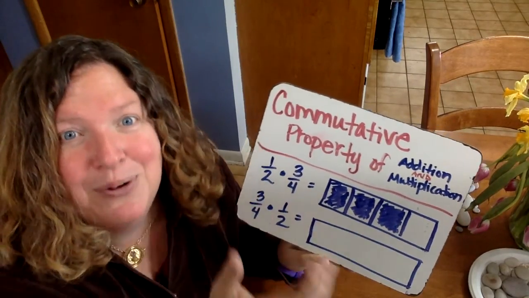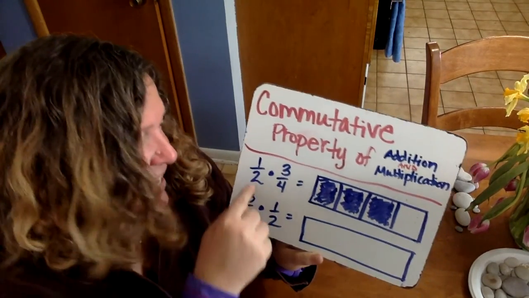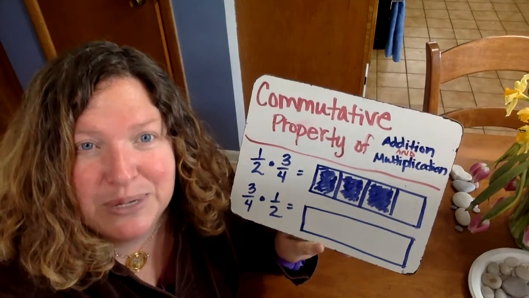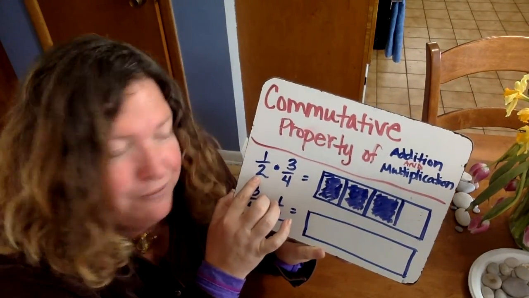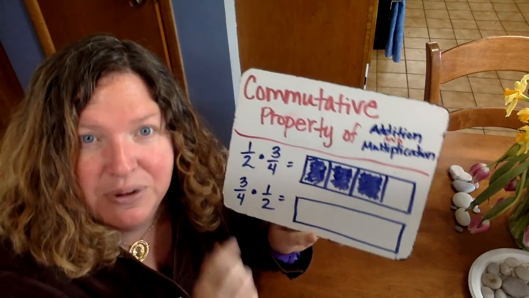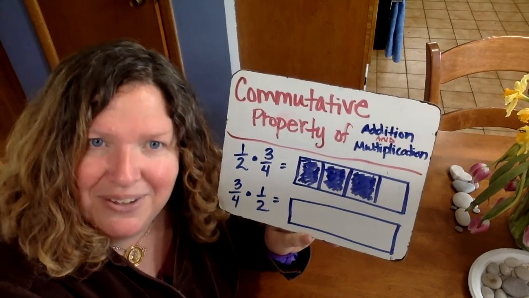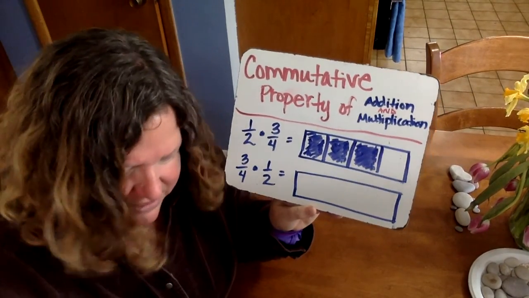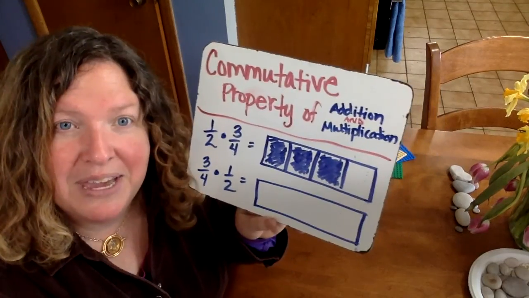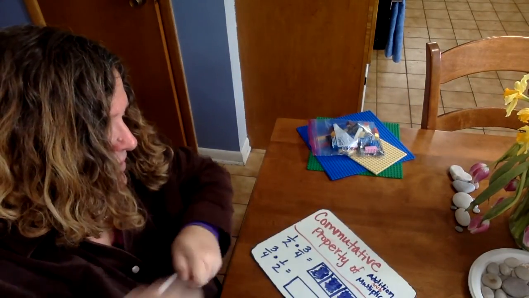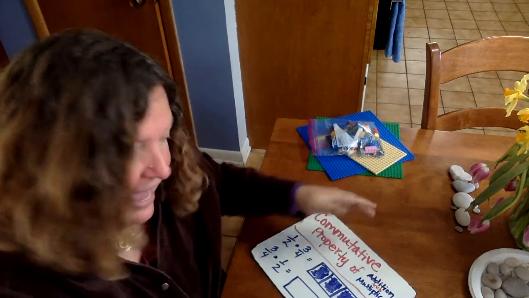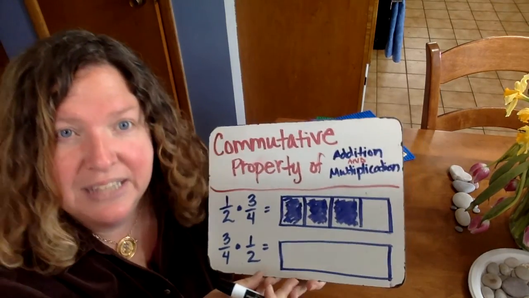But now along comes your sister, and she's going to eat half of what's left. She's eating half a group of 3/4. So what would that look like? Well, let me get a different color here. That would look like her coming along and taking out half of what's left in the pan.